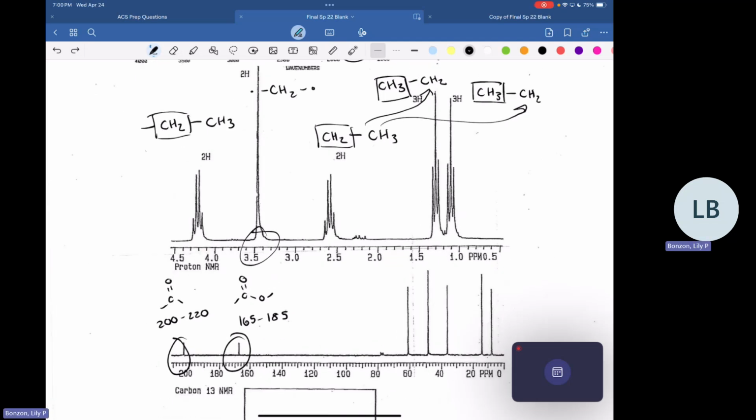So with these puzzle pieces, I'd probably look at this one over here down at like the 4 to 4.5. And so I know that if it's super far downfield, it's likely going to be attached to something that is electronegative. So maybe like a carbonyl or an oxygen. And since this one is so far down to the left, this one is definitely going to be connected to an oxygen.